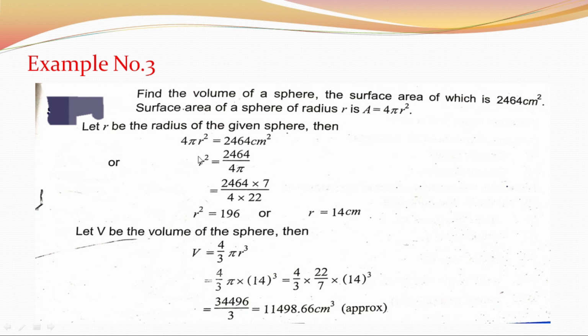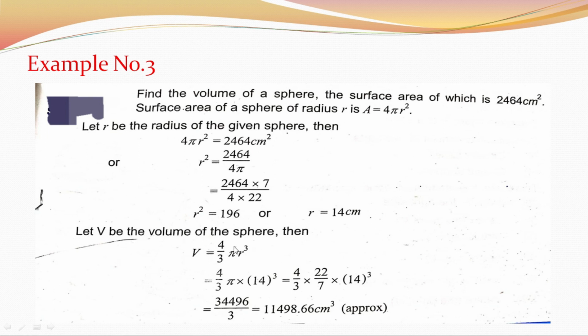Now we will simplify. R square is equal to 2464 centimeter square divided by 4 into pi, that is 2464 into 7, because the value of pi is 22 over 7. Now we will simplify. R is equal to 14 centimeters.